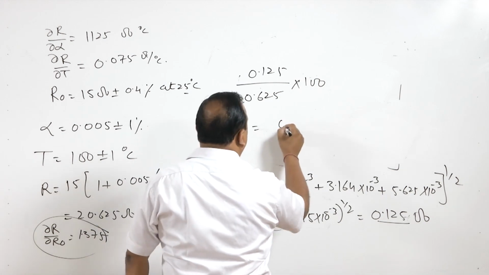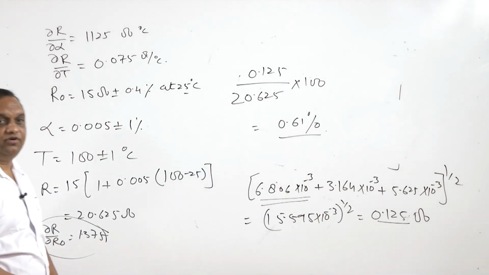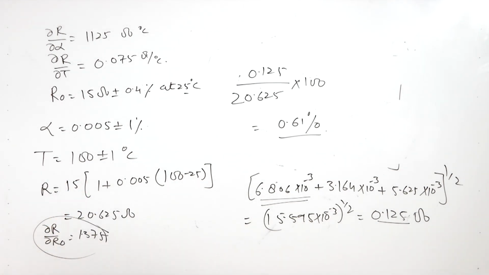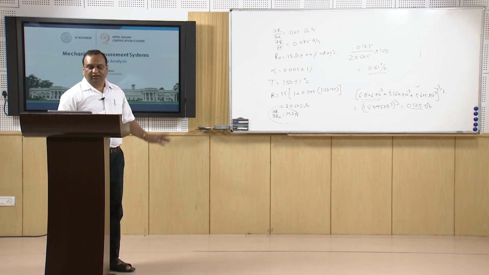This will give you uncertainty in the measurement in terms of uncertainty in the determination of R in terms of percentage. So, this is one example regarding determination of uncertainty in the measurement.